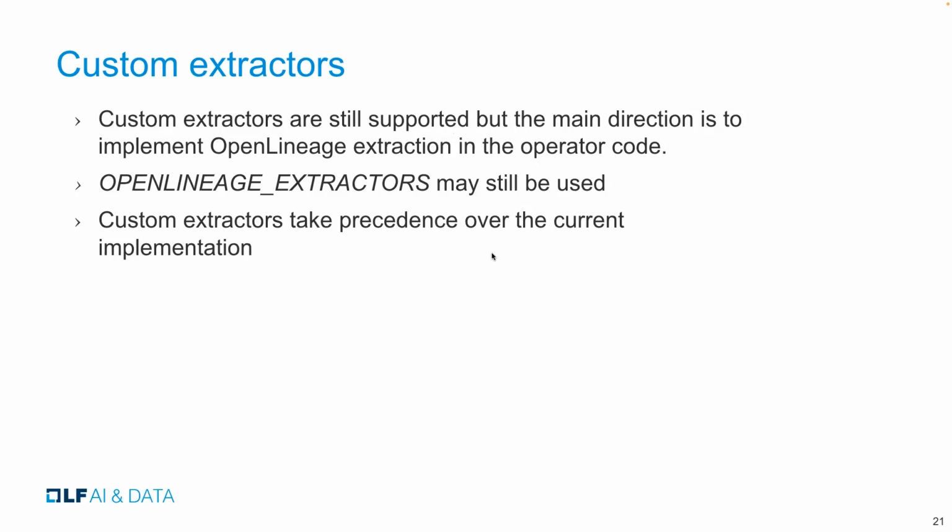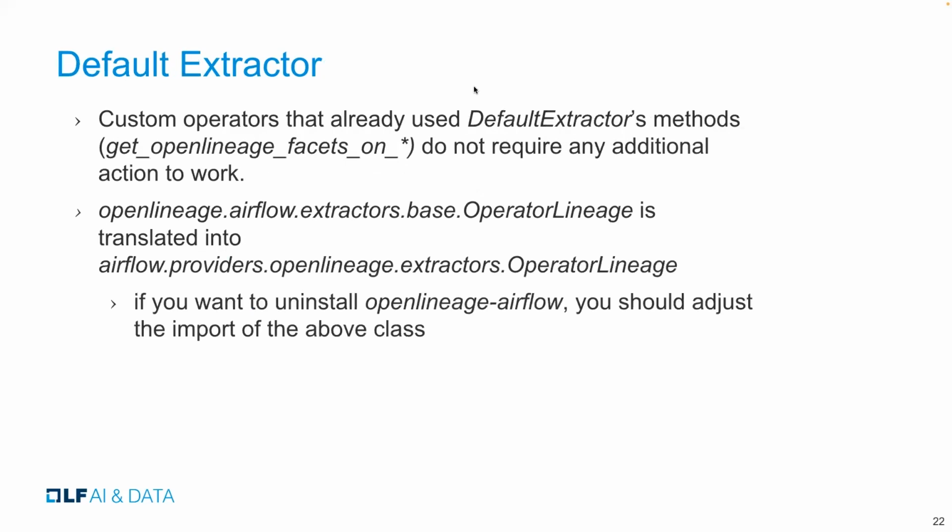So when you define and say what custom extractor is responsible for which class in Airflow or operator, it takes precedence over what's possibly included in the current implementation of the operator. So it's the same.